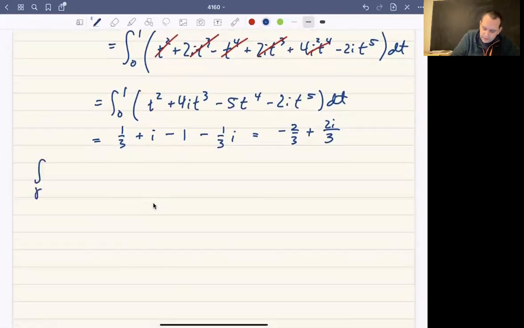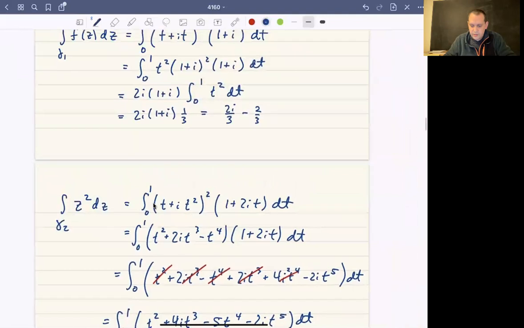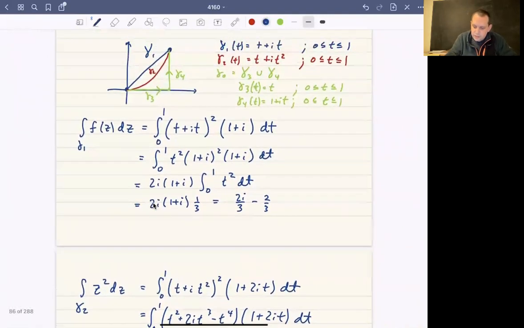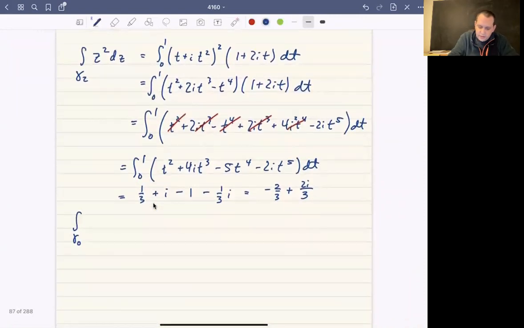And finally, we'll integrate over this third path, which we called gamma naught. So gamma naught was gamma 3 union gamma 4. And it turns out, and I'll write this in some detail soon, that this happens to be the integral over gamma 3 plus the integral over gamma 4.